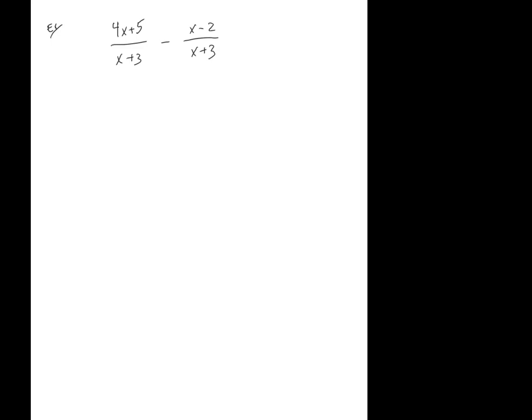This one is also a nice one because the fractions are like, right? We have like denominators. So we would do 4x plus 5 minus. We do want to be careful because we're subtracting that entire other part there.